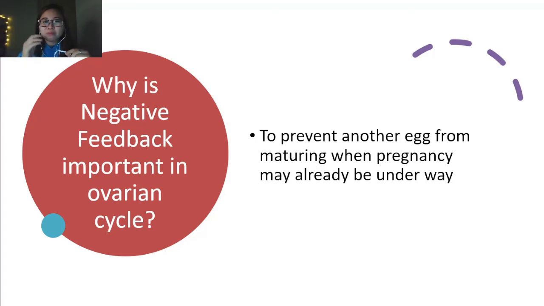Okay, so with one potential pregnancy, we do not want a double. So, the negative feedback cycle prevents another follicle from maturing because there is no FSH, no LH. Okay, I hope that part is clear.